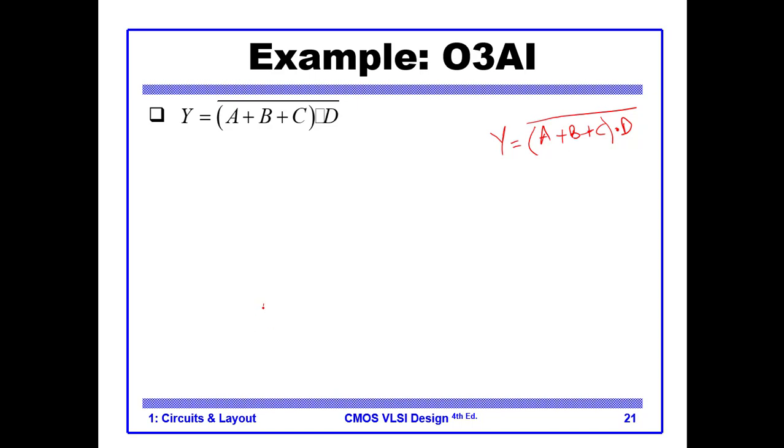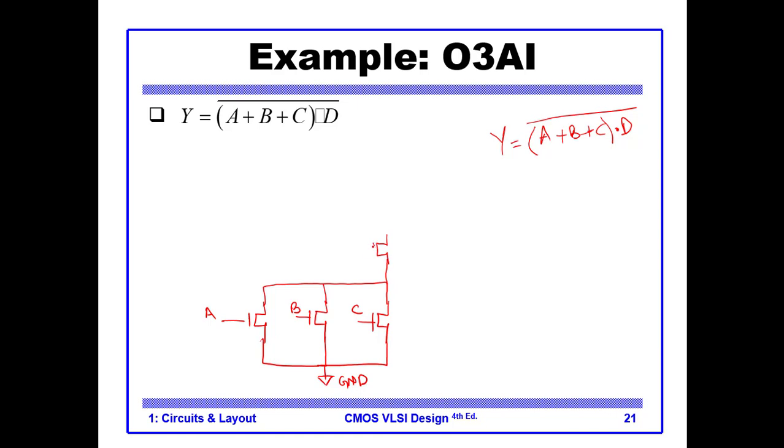It has A, B and C connected in OR type or parallel, and then after this we have this connected with D, which is a series connection, and our output Y is here. So this is our pull down network.